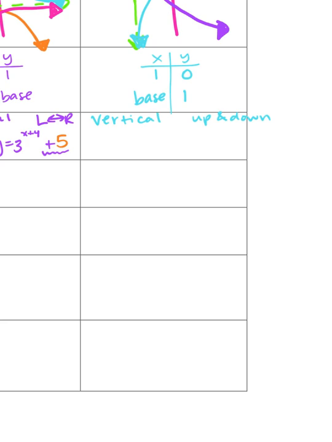So that would be something like x equals, because remember we've flipped our x's and y's, x equals, let's say, -3, and that would come from the equation y equals log base 2 of x plus 3, and then let's say plus 4 on the end.